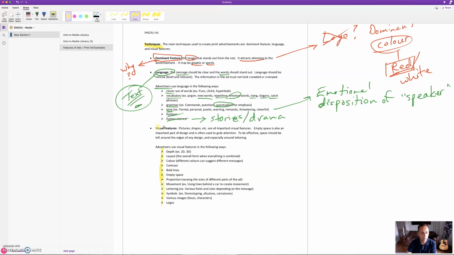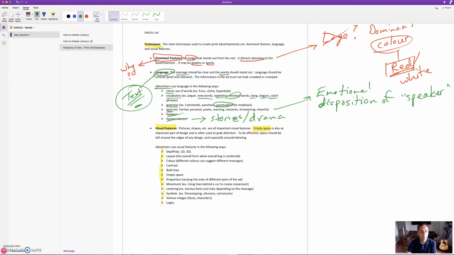Okay. Now here you have a list of features, all different features, for the visual features. So it could be anything: pictures, shapes, symbols, images, even white space. Empty space is also an important part of the design. So think about the depth in the ad.